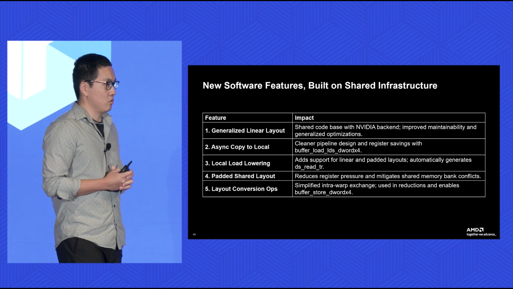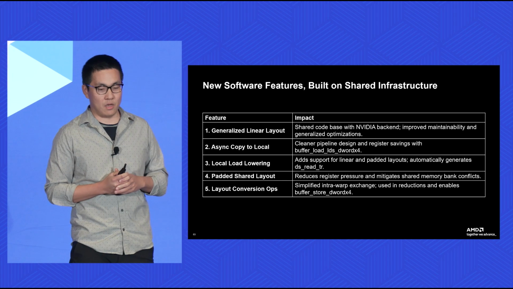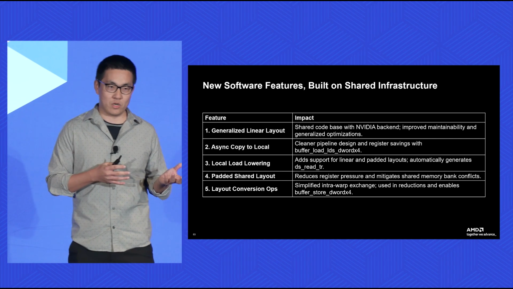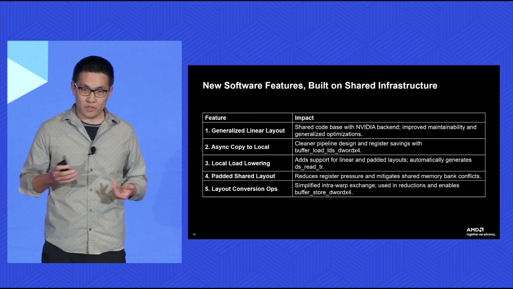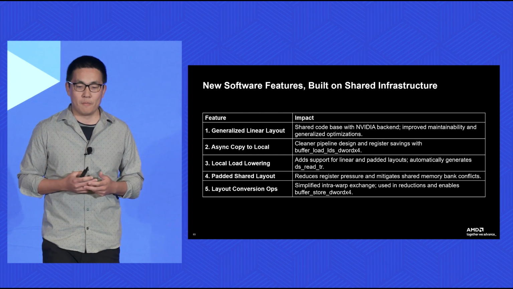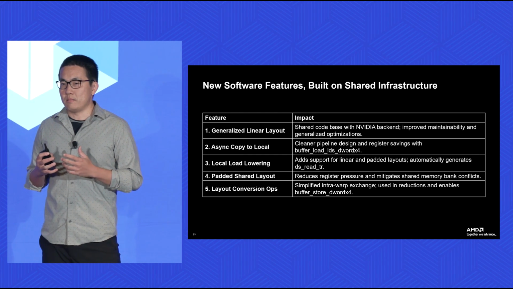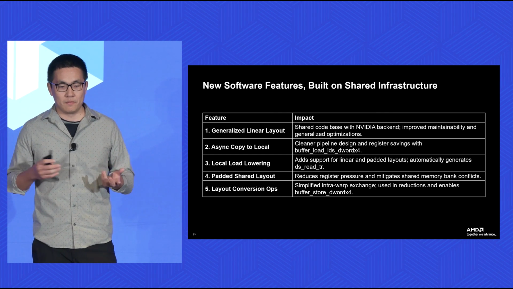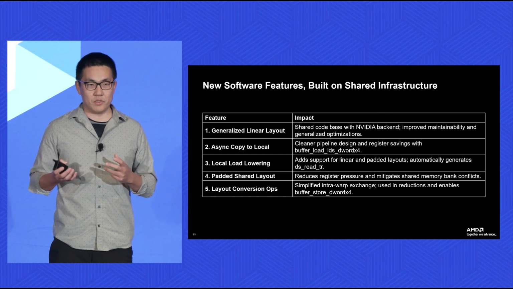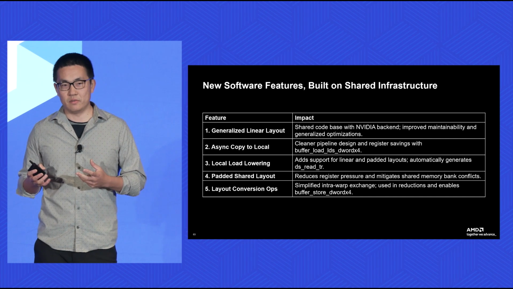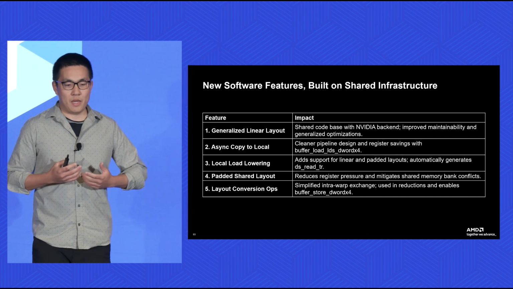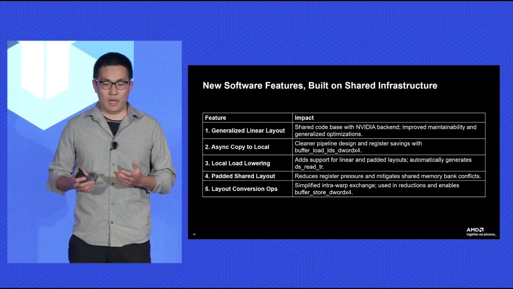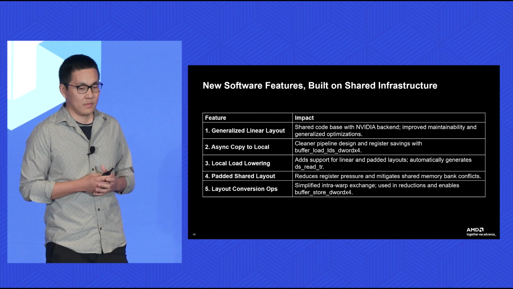The local load op lowering is also generalized to add support for linear and padded layouts. It can automatically emit DS read transpose instructions when needed. We also have a padded shared layout, which is designed on top of the linear layout system. This padded layout can help us with register pressure and bank conflicts.